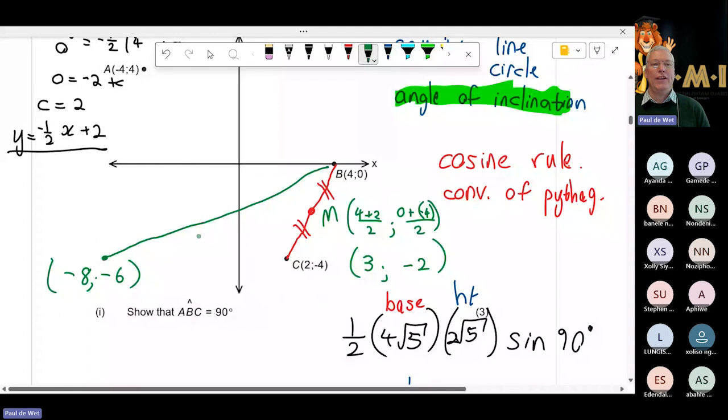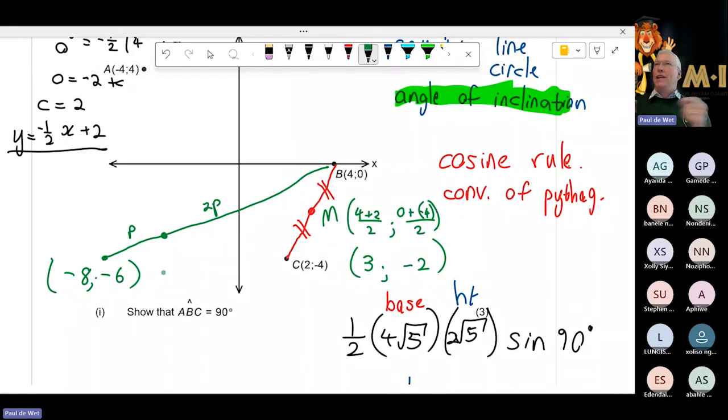And I want you to put a point over here so that this is 1/3 of the way along. In other words, if this is P, this is 2P. Later we're going to be talking about ratios. Are we comfortable with how we would find a point 1/3 of the way along the line? If we get a formula for midpoint, do we get a formula for 1/3? No, we don't. I want to show you how we can do this.